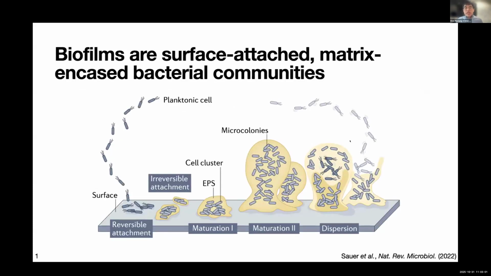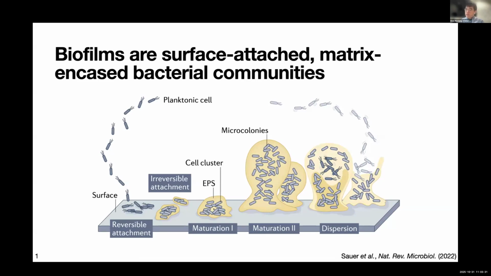So in the Yan lab, we study bacterial biofilms. And biofilms are surface-attached matrix-encased bacterial communities. So here is the classical picture of the biofilm life cycle. A planktonic bacterial cell will attach to a surface, transition to a sessile state, and start proliferating on the surface while producing a sticky extracellular matrix, which is shown here in yellow.